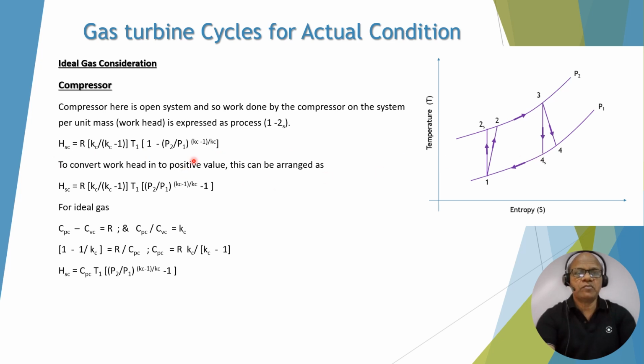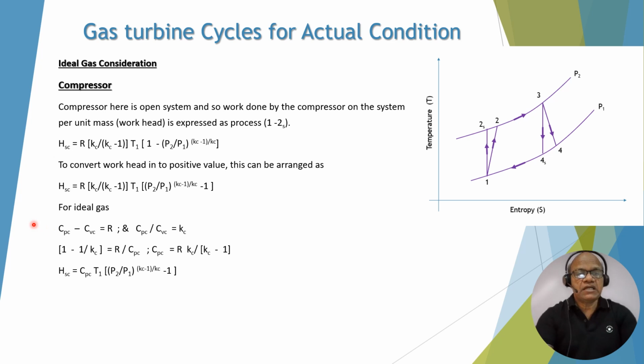Similarly for the turbine it will become Kt. But this expression will give a negative value, so to convert it into a positive value we can write HSC is equal to R Kc upon (Kc minus 1) into T1 into [(P2 by P1) to the power (Kc minus 1) upon Kc minus 1].